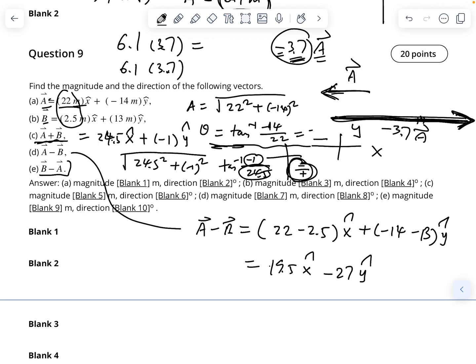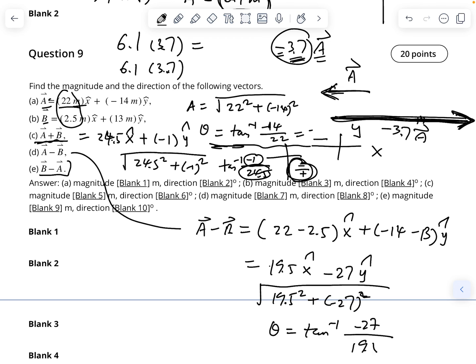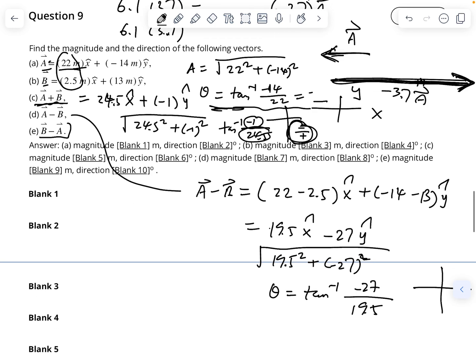Magnitude is the square root of the sum of squares. Direction is the inverse tangent of negative 27 over 19.5. The angle here is negative, and y is negative, x is positive, so it is a fourth quadrant vector.